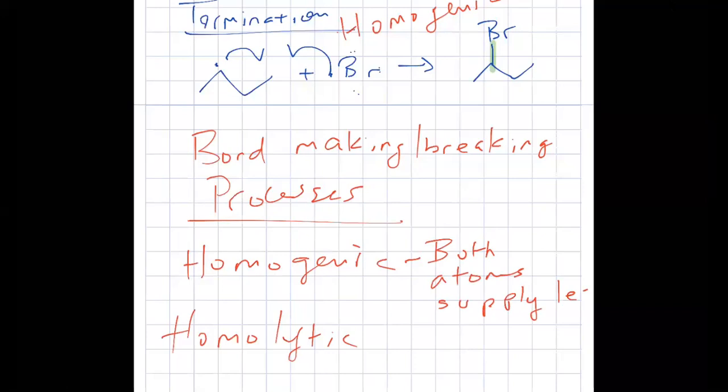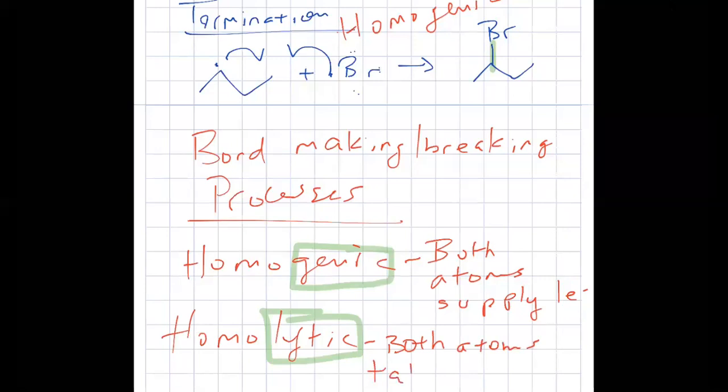And genic again is formation. If it's homolytic, then both atoms are going to take one electron.